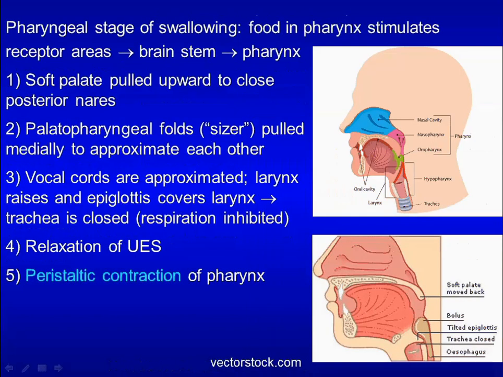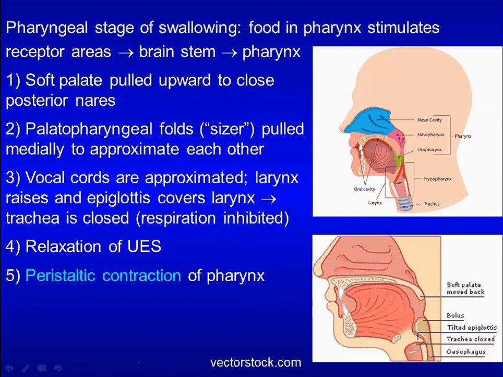At the pharyngeal stage, as the bolus of food enters the posterior mouth and pharynx, it stimulates epithelial swallowing receptor areas all around the opening of the pharynx.